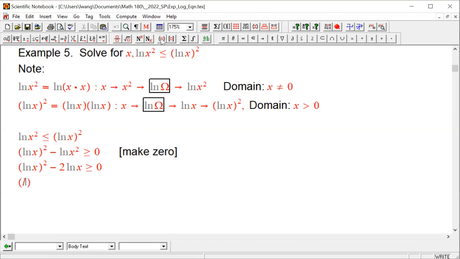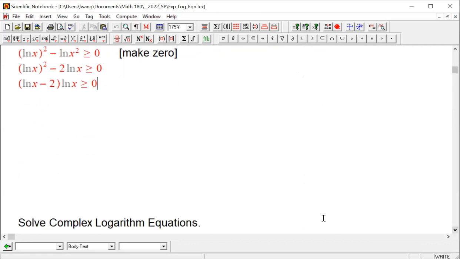We get ln x minus 2, and there's another ln x outside because we factor out the ln x, right? And this is going to be positive or 0, okay? Or you can put the ln x on this side to avoid any confusion. So we have this product.